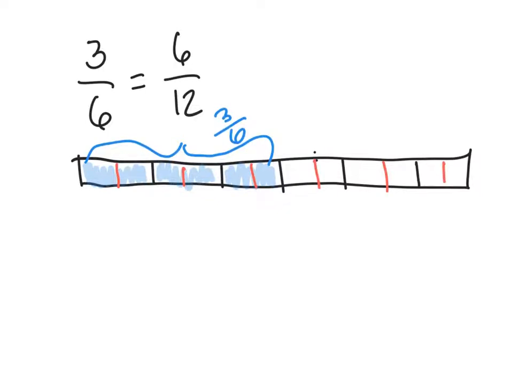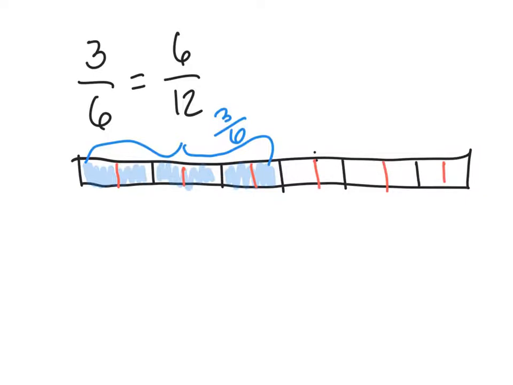So let's make this here, cut this, this, and this. So let's check out and see. We have 1, 2, 3, 4, 5, 6, 7, 8, 9, 10, 11, 12. So there we go. There's our denominator, 12. And how many do we color in? 6. So let's see if we colored in 6. 1, 2, 3, 4, 5, 6.